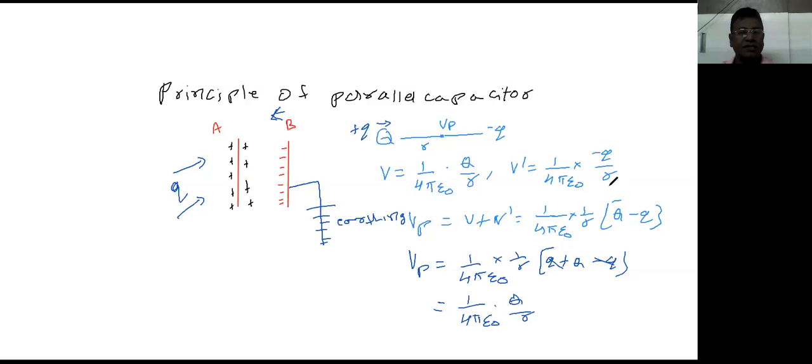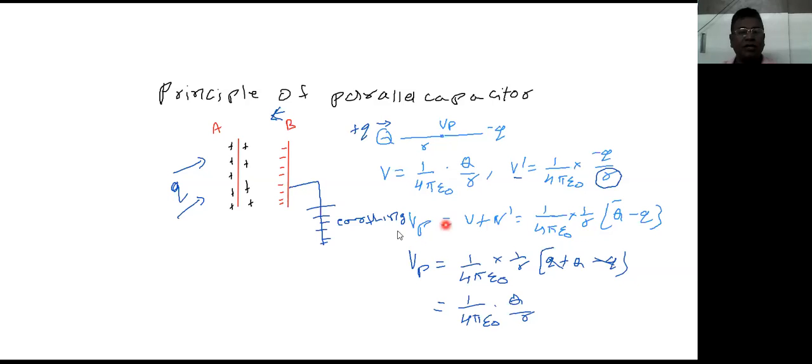As you can see here, when R decreases, V dash will increase, negative potential will increase. So when negative potential is increasing, then what happens?